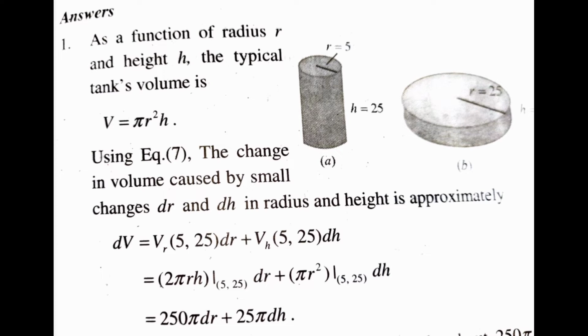We are applying 5 and 25, where r is 5, h is 25. Therefore, the result is 250 pi dr plus 25 pi dh. Okay, what's the idea?